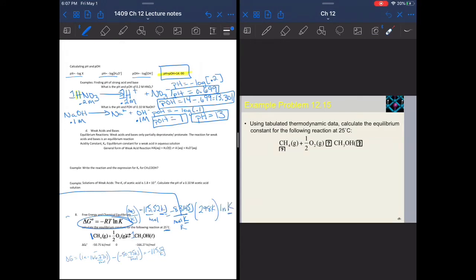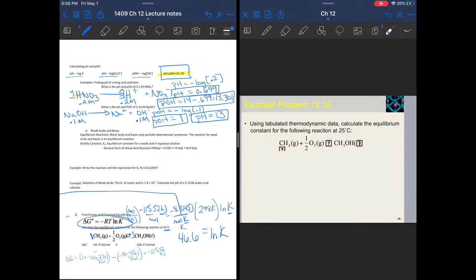LNK. And we are going to be solving for K. So we're going to rearrange this and we're going to simplify. So negative 115.52 times 1,000 divided by 0.8 divided by negative 8.315 divided by 298 equals 46.6 equals LNK. Now to finish this, you need to remember what natural log is.